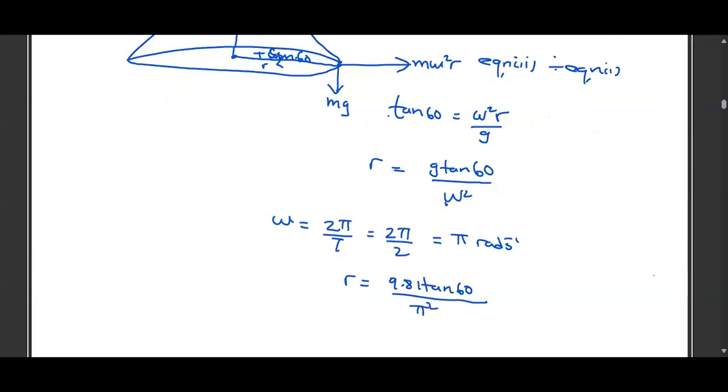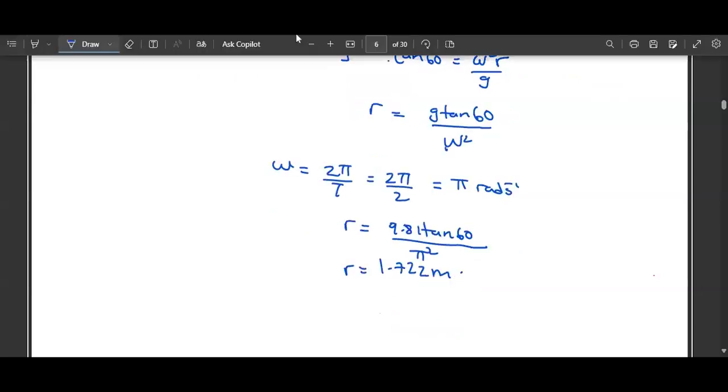Then we can substitute in using our calculators. 9.81 tan of 60, then divided by pi squared. I am getting r as 1.7222 meters. That's the radius of the circle.